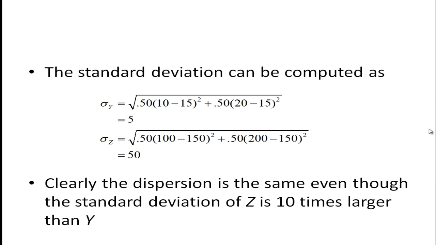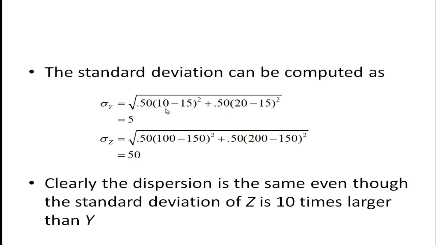If we calculate the standard deviation, recall that the standard deviation is the square root of the deviations from the mean squared multiplied by the probability they'll occur. So there's a 50% chance that we get the first observation of 10 minus the mean of 15 squared, plus a 50% chance of the second observation of 20 occurring, and the 20 minus 15 squared.